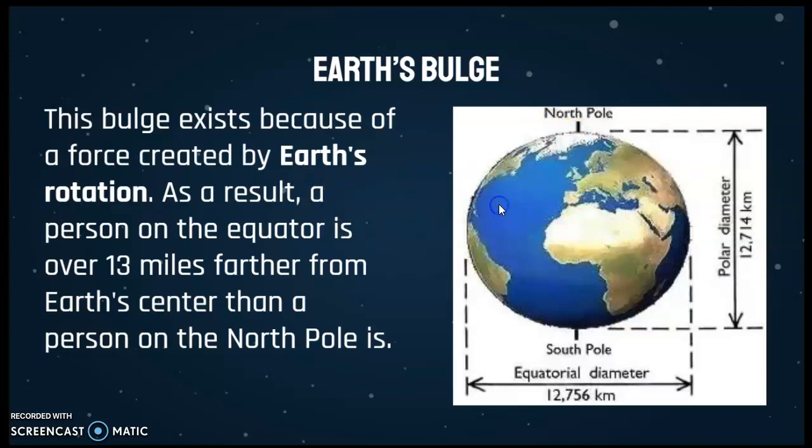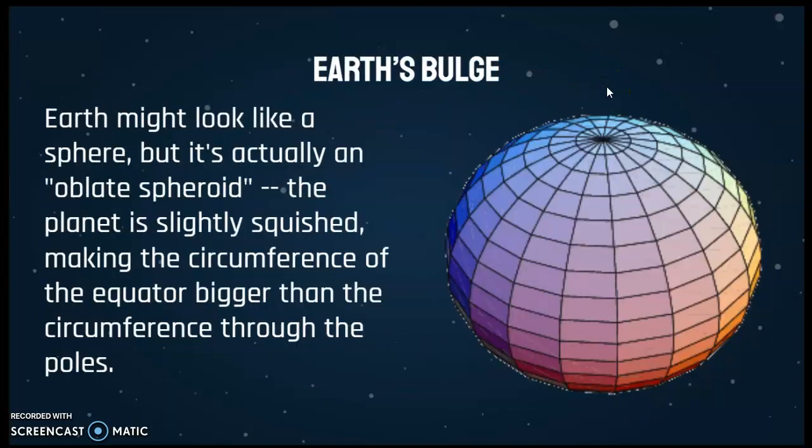What I want you to take away from this is that the Earth has a little bit of a bulge. The Earth is not perfect. It's almost like if you took a ball of clay or Play-Doh that was a perfect sphere, and pushed the top and bottom together, not really flattening it, but pushing that sphere together. That's what Earth kind of looks like. That's kind of the circumference.